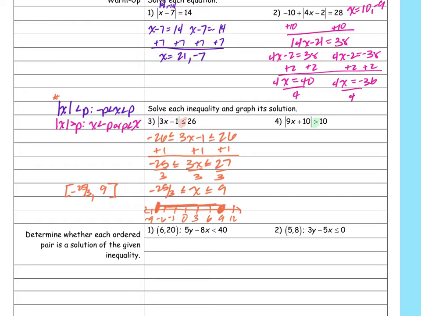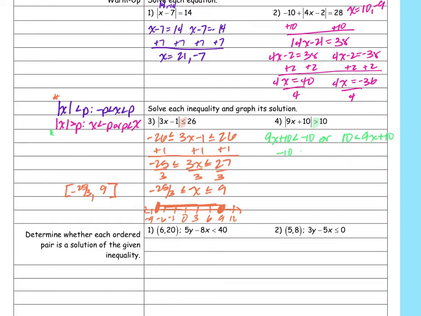So the second problem is greater than, that means I'm going to use the second rule. So that says I have 9x plus 10 is less than negative 10, or p, which is 10, is less than 9x plus 10.